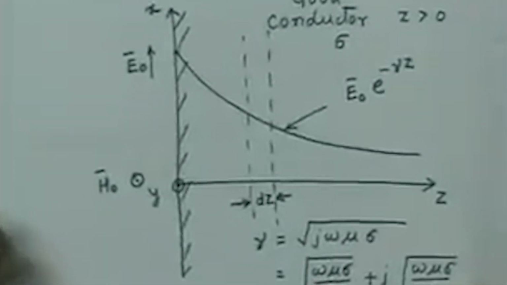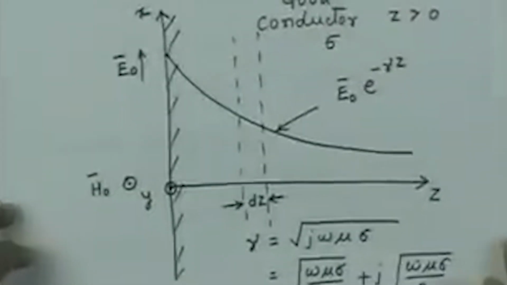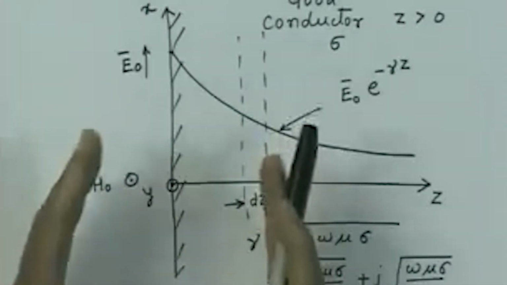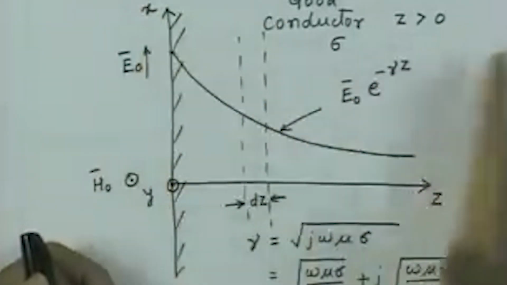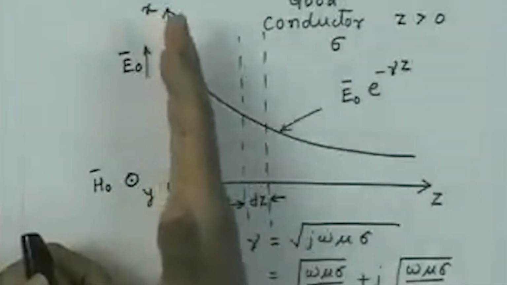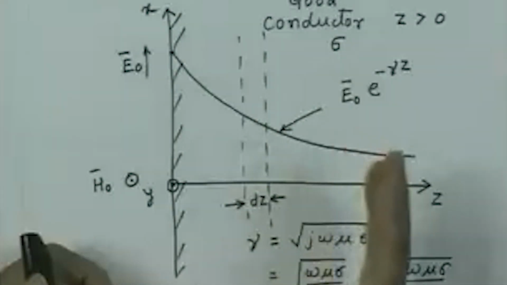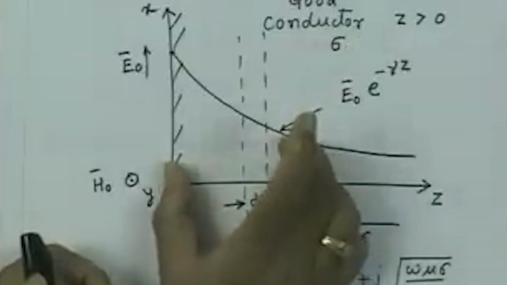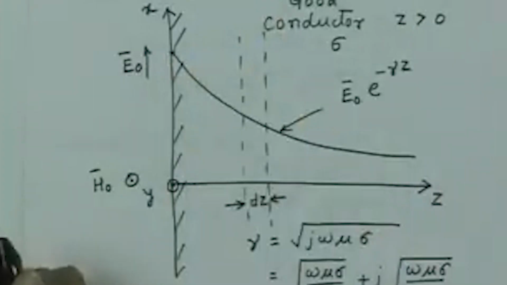So, we get the total current, and that current we call as the surface current. So, now note here, there is no true surface current, the current is actually flowing in the depth, and actually it is theoretically extending up to infinity. However, since the conductivity is very large, we know that the skin depth is very small, that means this function is a very rapidly decreasing function.